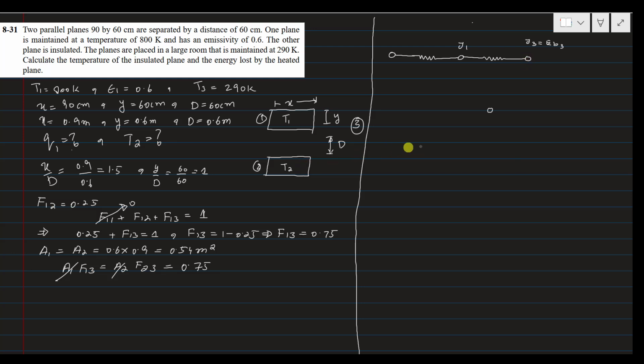For the insulated plate, J2 is equal to Eb2, its emissive power, because its surface resistance is 0, as it is mentioned, it is insulated.